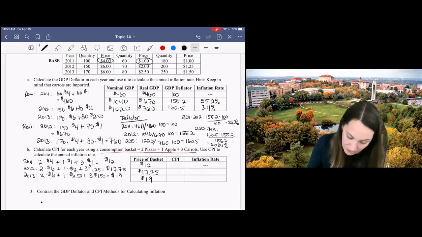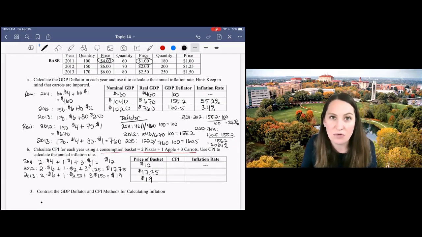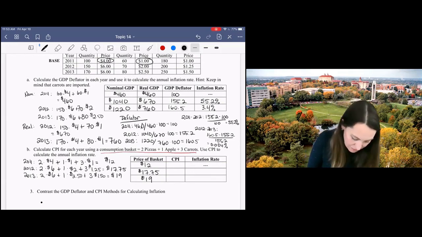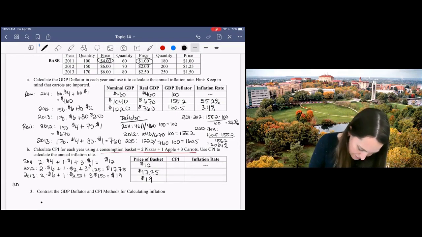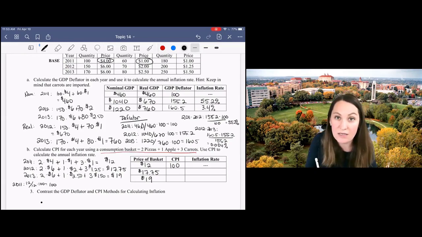So I know in the base year, which again is going to be 2011, that's going to be equal to 100. So in 2011, my CPI would be 12 over 12 times 100. That's going to always be 100. Your price index will always be equal to 100 in the base year.